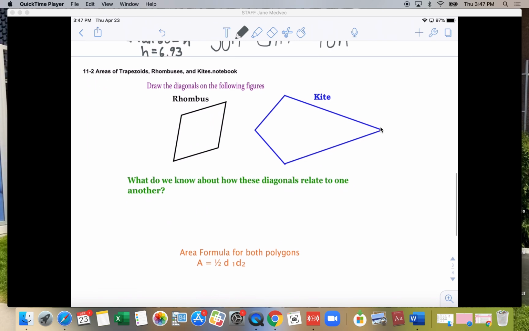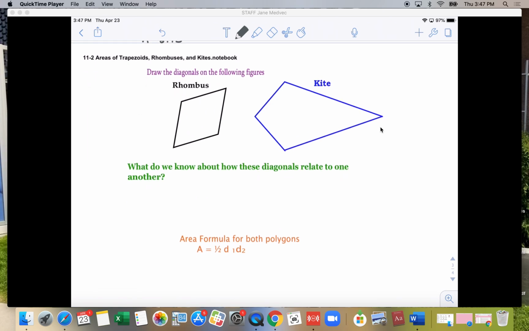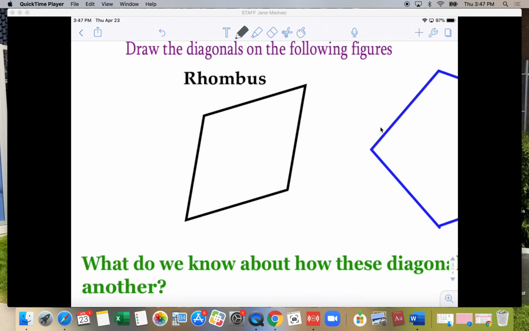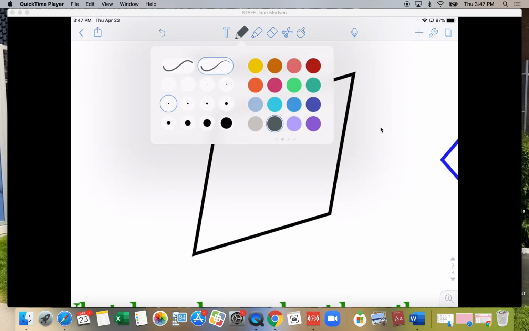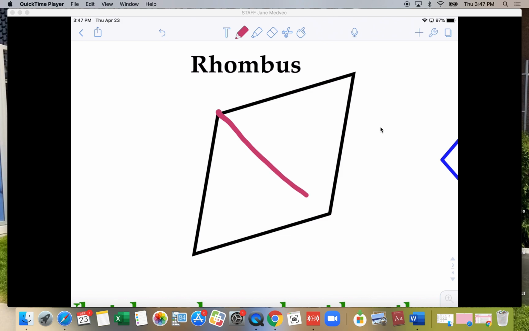Now what we're going to do is move on and look at a rhombus. Okay, a rhombus, remember, is kind of like a lazy square. And it's asking me to draw in the diagonals and then take a look at the pictures of them and how they relate to one another. So if I look at a rhombus, the lazy square, the diagonals here and here, okay?